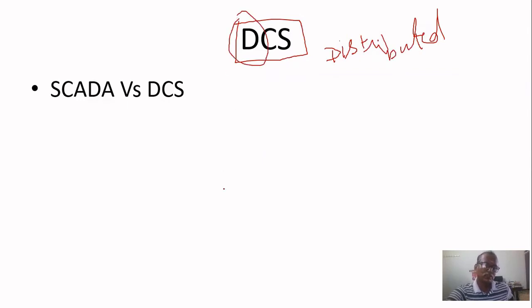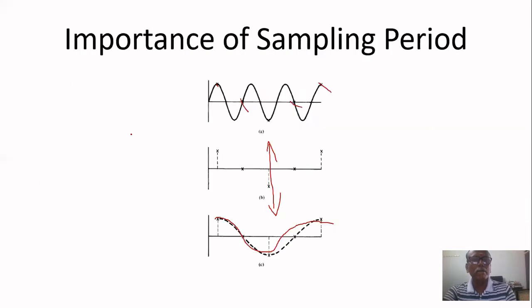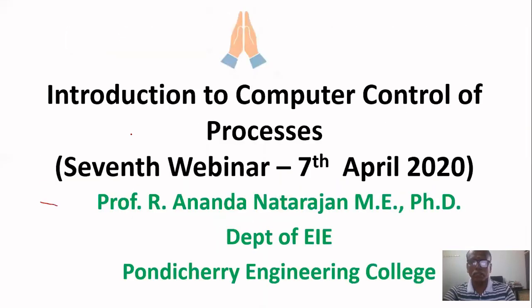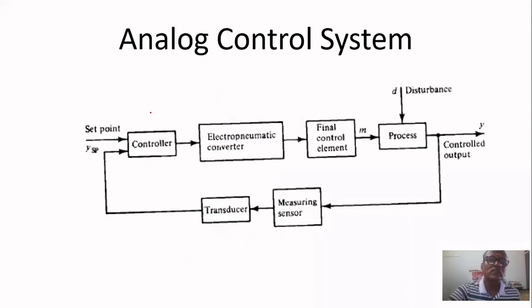Let us see first. In a conventional control system that we have seen in the first slide, everything is cascaded. The controller is cascaded with the pneumatic converter.